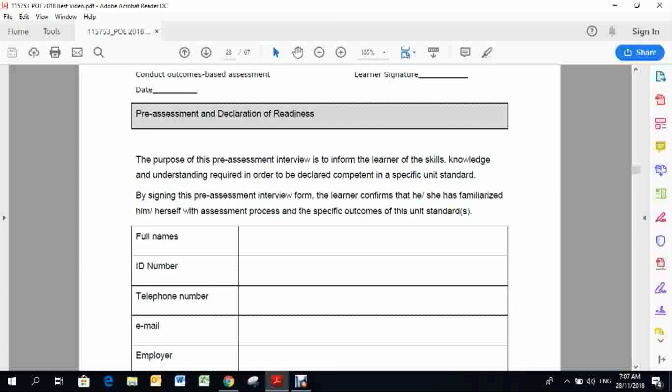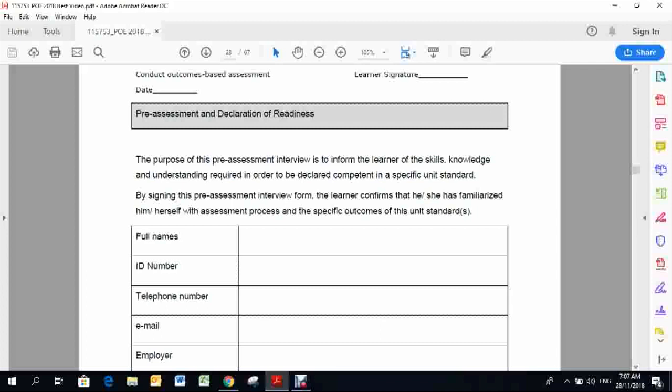So for this unit standard, that is the form for that. So you need to sign this document. By signing this pre-assessment interview form, the learner confirms that he or she has familiarized himself or herself with the assessment process and specific outcomes of this unit standard.